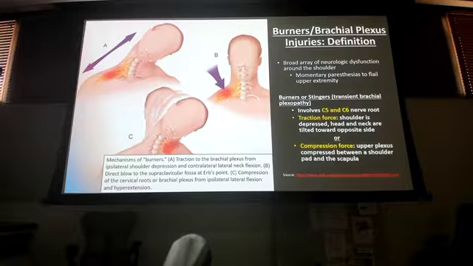So transient, meaning it should get better. Okay? It should be fleeting, coming and going. And that there's traction force, excuse me, or compression force. So you would agree then that the helmet to the shoulder can be more of a compressive force, right? And not a traction force. Okay? Good to go.